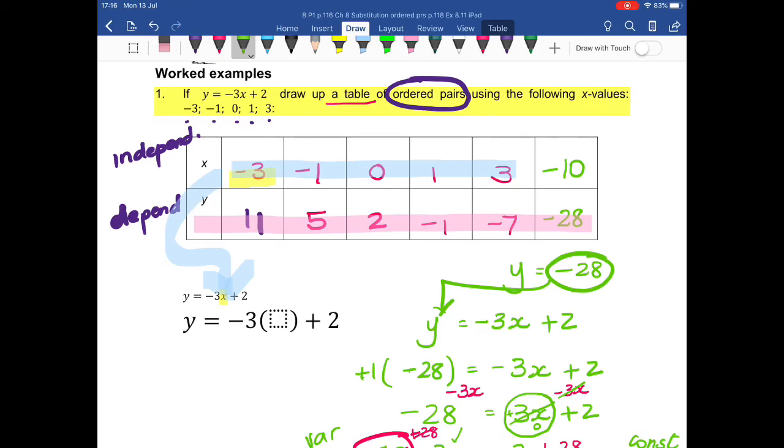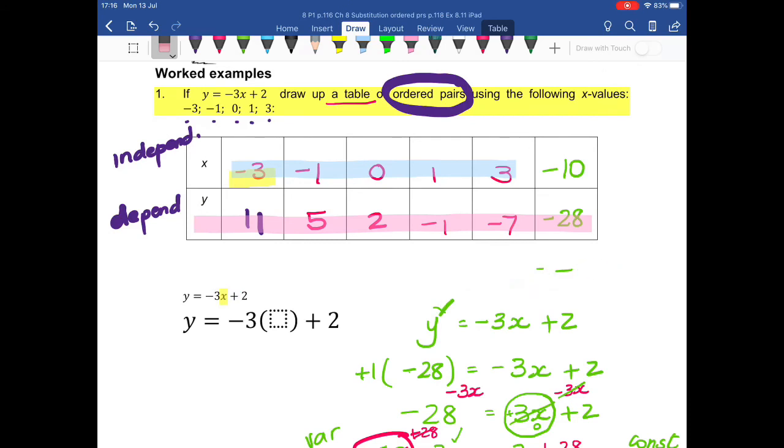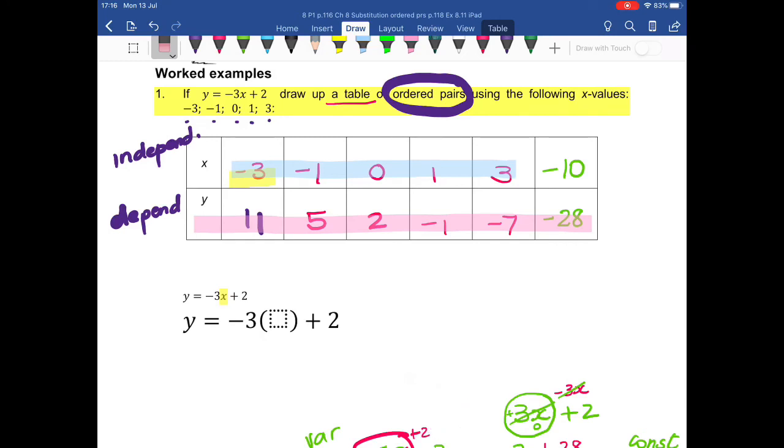So far, so good. Now, we are trying to put together ordered pairs. Okay? Ordered pairs is just a summary of your table. Someone today in class said, oh, it's coordinates. You call them coordinates in geography. In maths, we're going to call them ordered pairs.